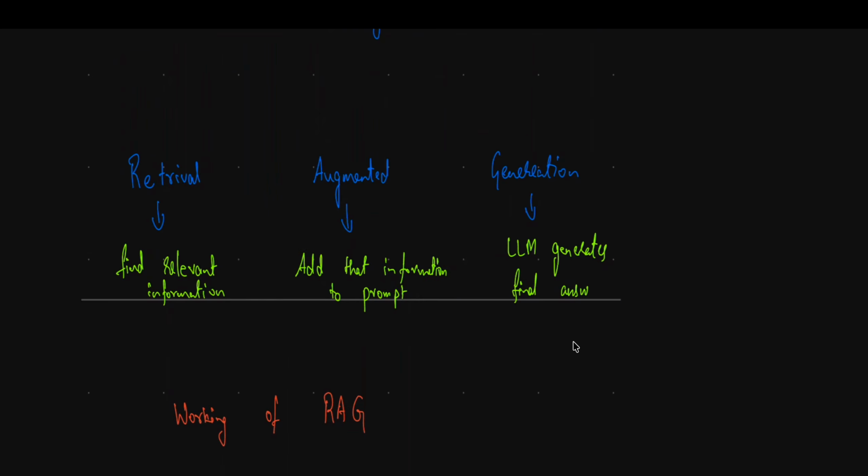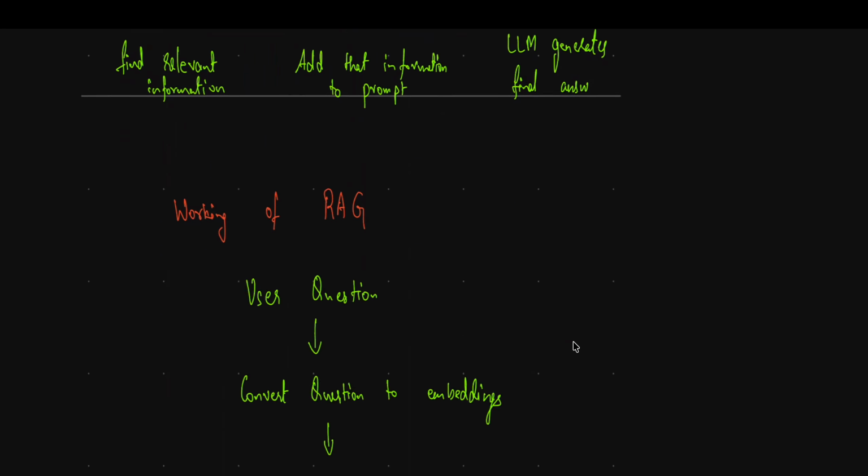Basically, you have a prompt, your query, and you get the relevant information related to that query, and you pass that to the prompt, and then the LLM generates an answer. So that's how RAGs work.